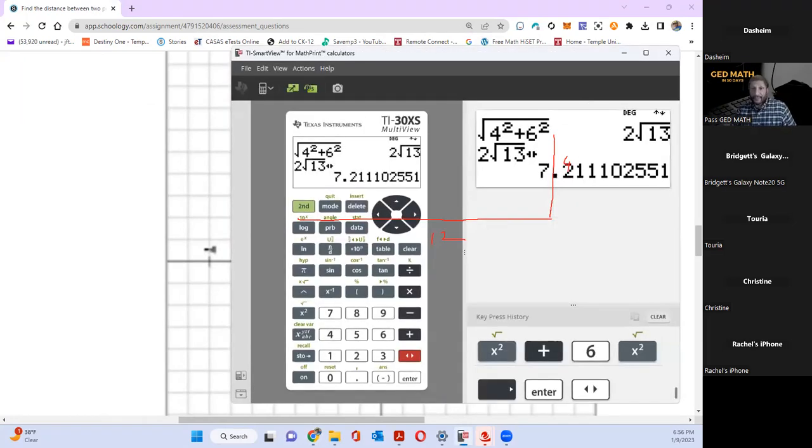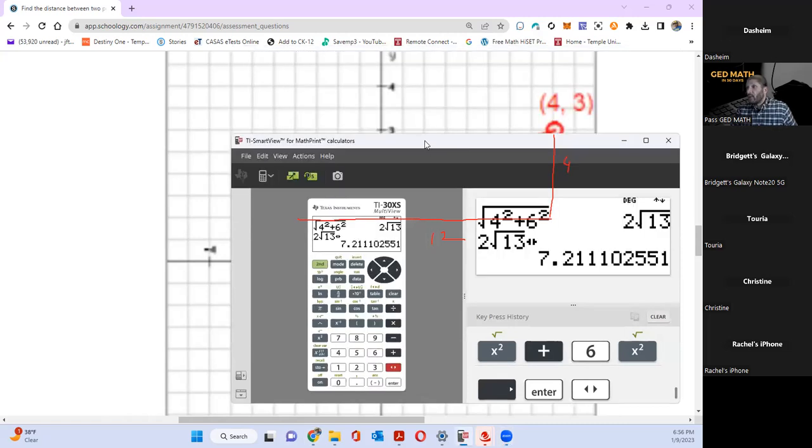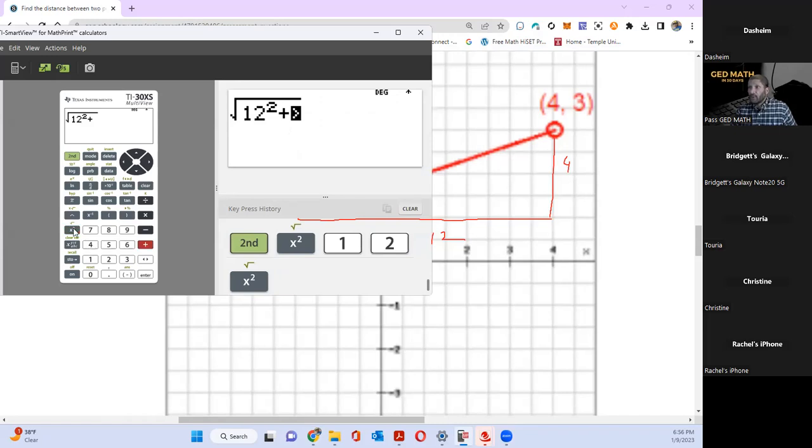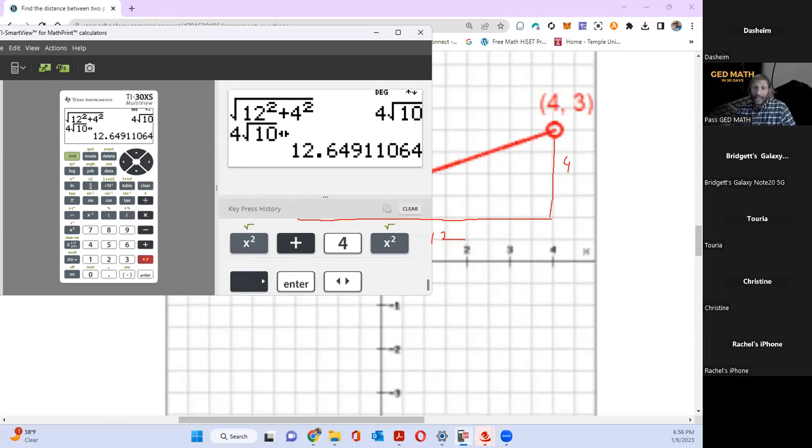Fairly easy. Since I know my 2 legs, 12 and 4, all I'm going to do is second square root of 12 squared plus 4 squared. Get out of your square root, press enter, hit your double arrows to give you the decimal. The answer, the missing side, is 12.65 if they tell you to round off to the nearest hundredth. If they tell you to round off to the nearest tenth, 12.6.